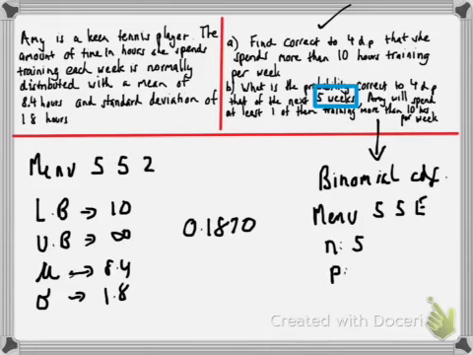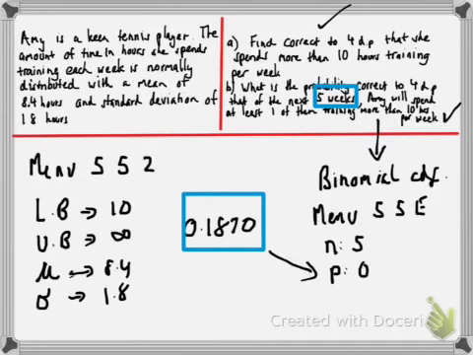Probability of success. Okay, now we've already worked out the probability that Amy will train more than 10 hours per week. So our probability now gets shifted straight into the binomial situation. So our probability is 0.1870.